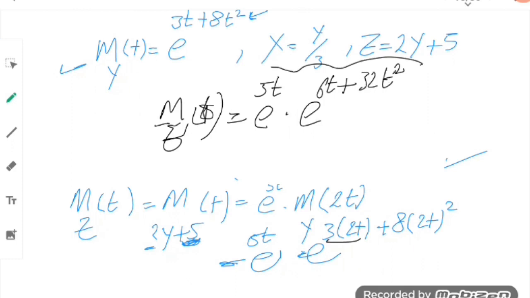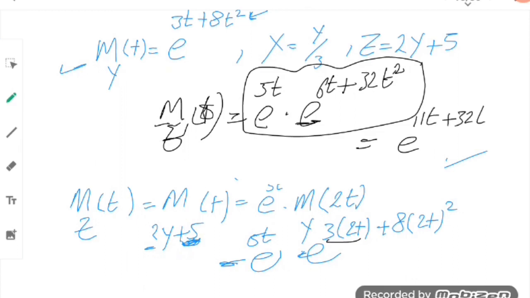We can multiply both exponential functions by adding the powers to have at the end e to the power (11t + 32t squared). This is the moment of Z.